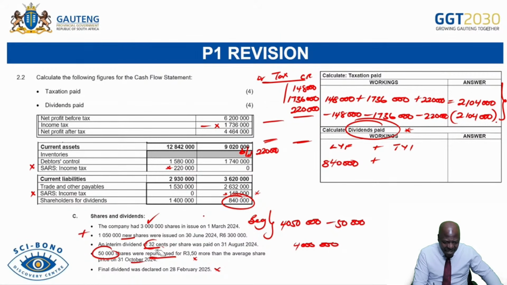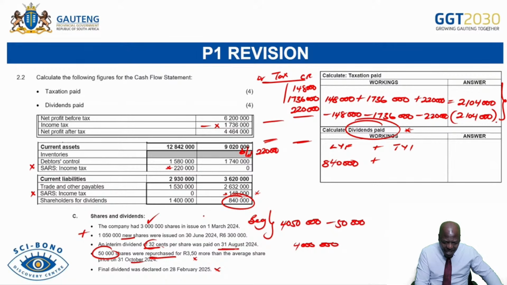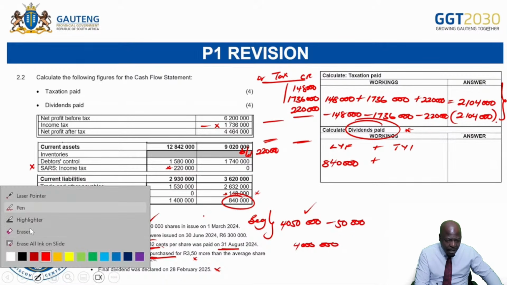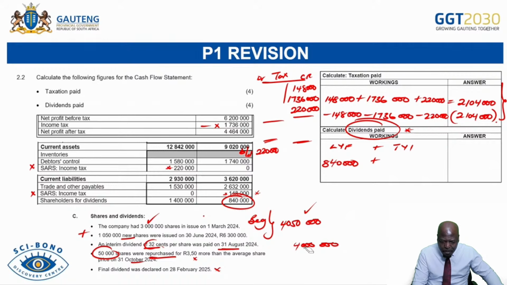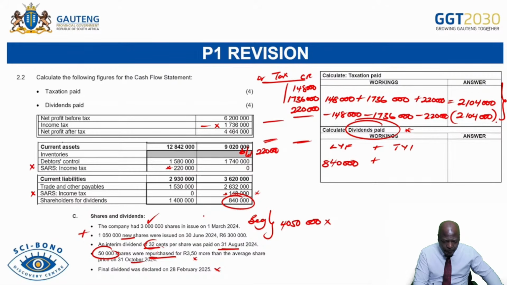Okay, so an interim dividend of 32 cents per share was paid on 31 August. How many shares were we having? 4,050,000. That was before the repurchase of shares. So it's just going to be the 4,050,000. We're not going to come all the way here.